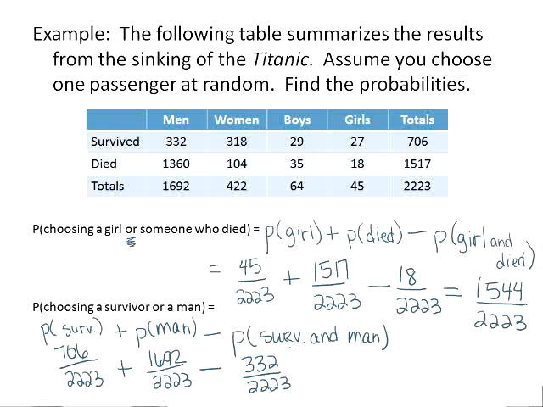So looking at the overlap between the row of survivors and the column of men, that's the 332. Now if we add and subtract these, we get a total of 2,066 divided by 2,223. And this fraction does not reduce. But the key word to look for here is that we have an OR, so that means we have to subtract the overlap if there is any.